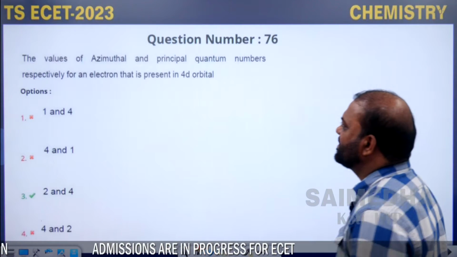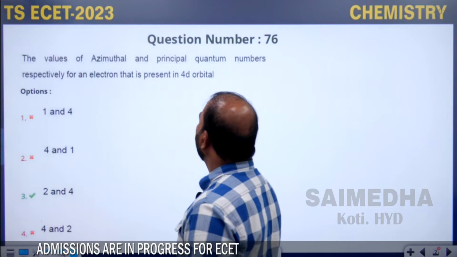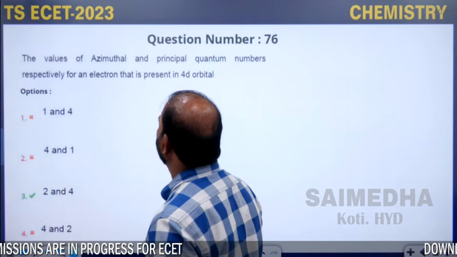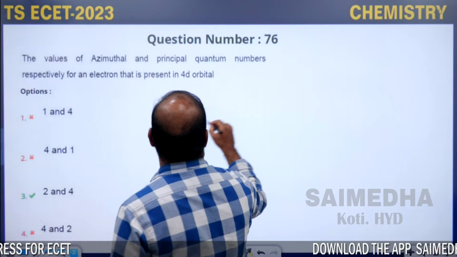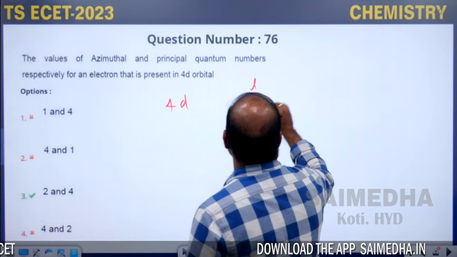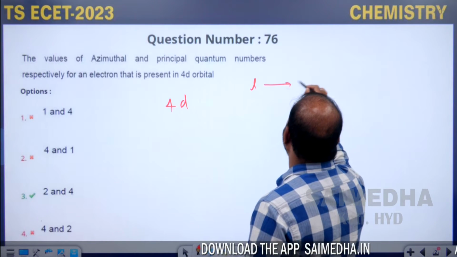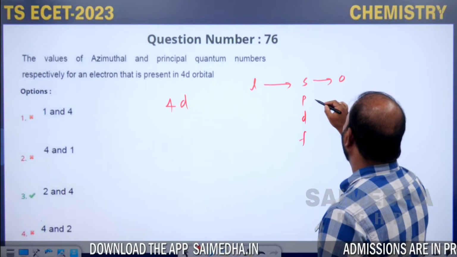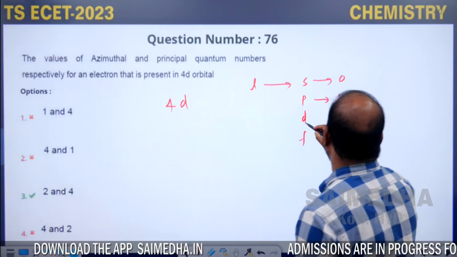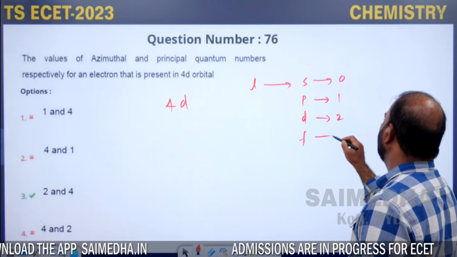Question number 76. The values of azimuthal and principal quantum numbers respectively for an electron that is present in 4D. We know the azimuthal quantum number value for the subshells S, P, D, F: for S it is 0, for P it is 1, for D it is 2, for F it is 3.